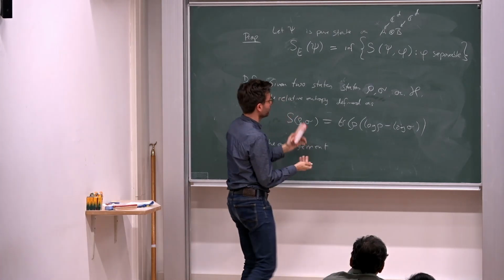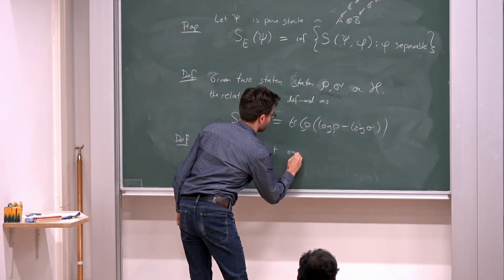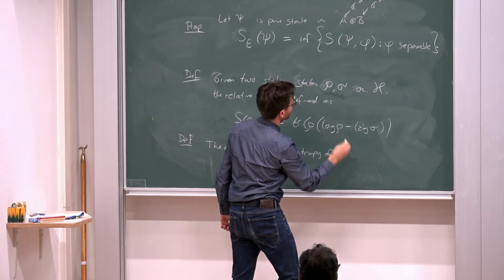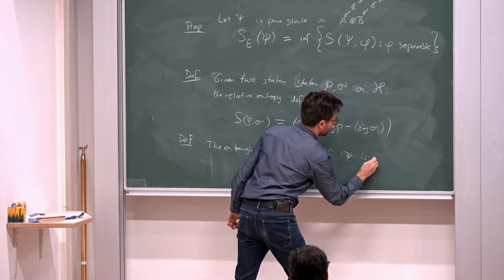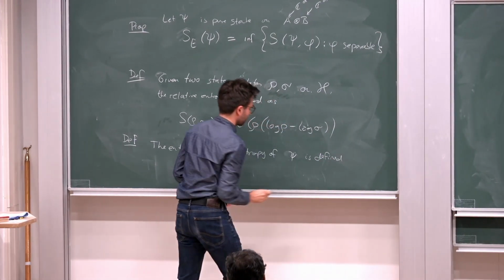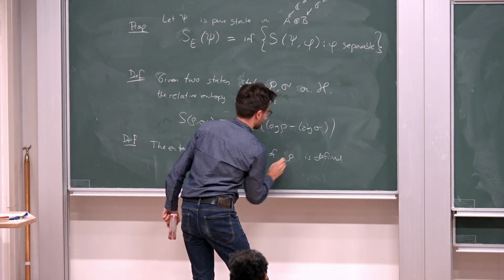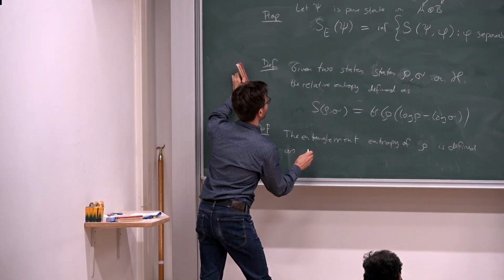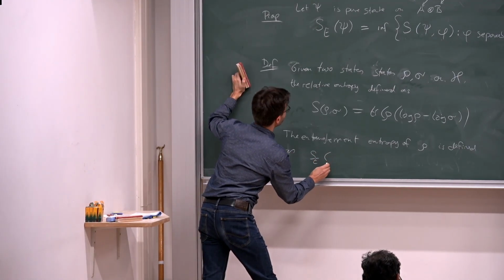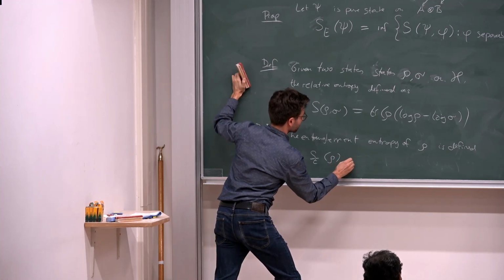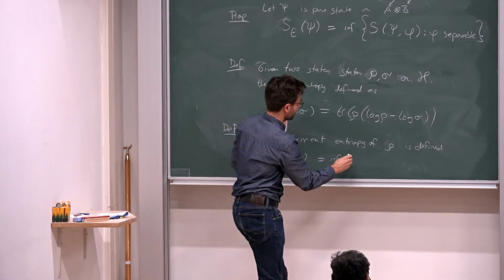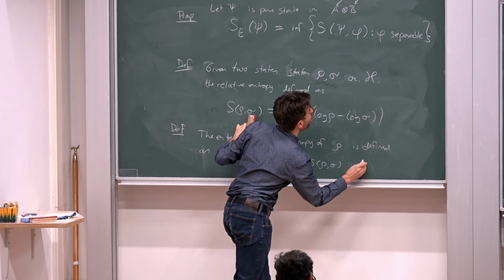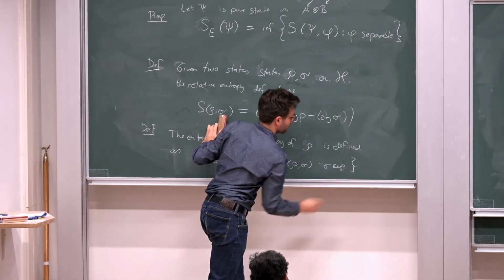So here we can now use this as a definition. So the entanglement entropy of the state rho is defined as S_E of rho, where we take the infimum of S(rho, sigma) over sigma separable.